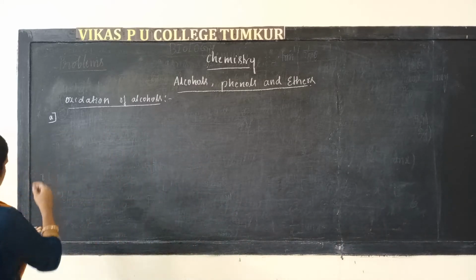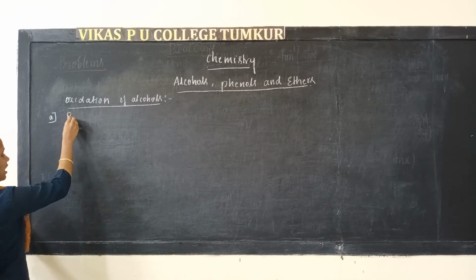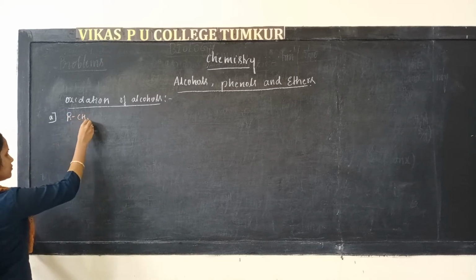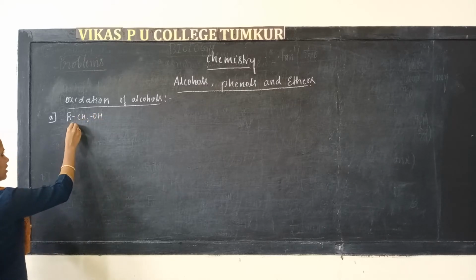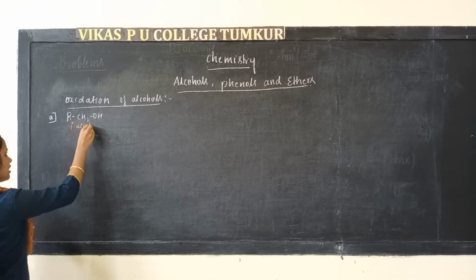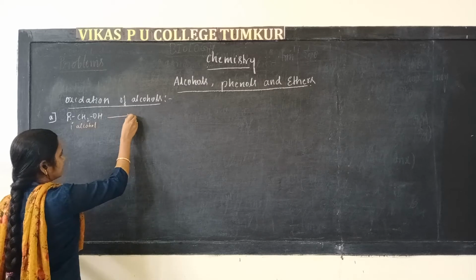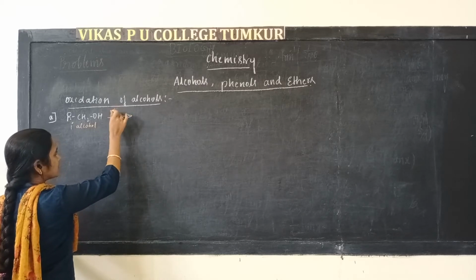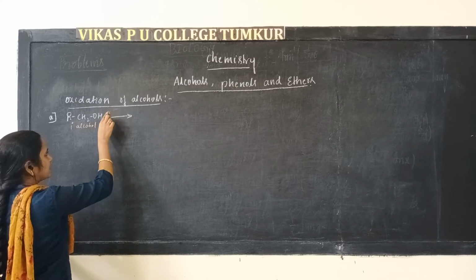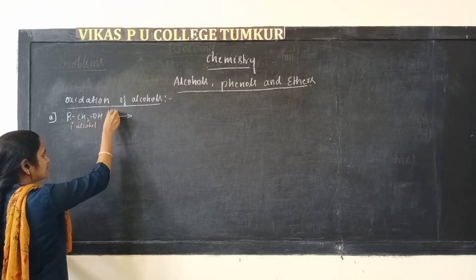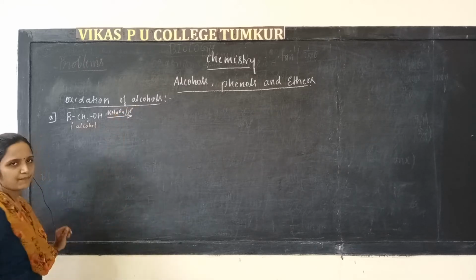The first one we are studying is the primary alcohol, represented as RCH2OH. This alcohol is oxidized in the presence of acidified KMnO4, acidified potassium permanganate.